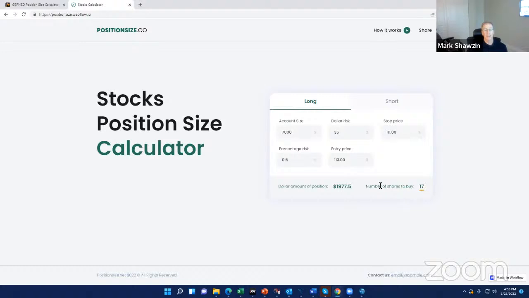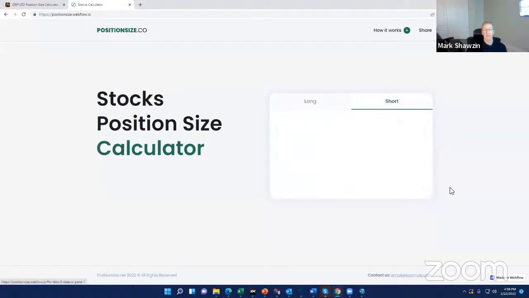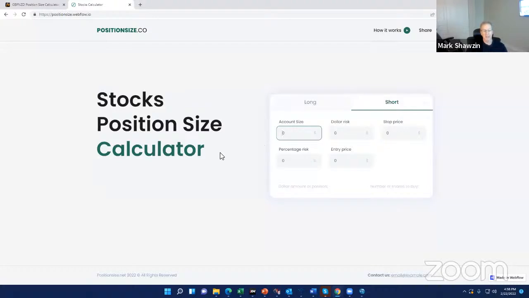So that will tell you that this is your dollar risk, 0.5% of $7,000. And this is the number of shares that you can allocate to this trade. And you can do it for the short side too, put in the parameters. So it's a really nifty thing. This was developed by our team, and this will really help you determine the size of your trades.